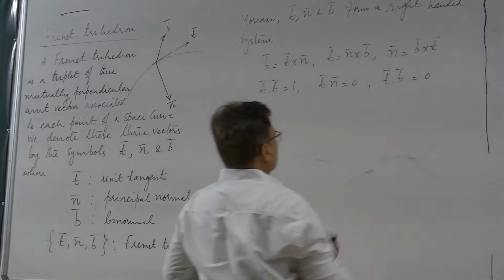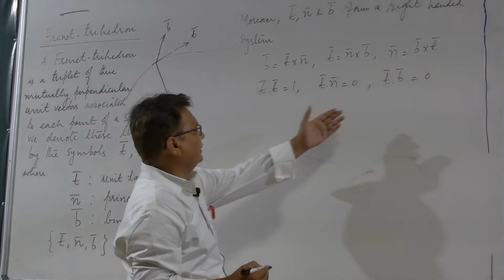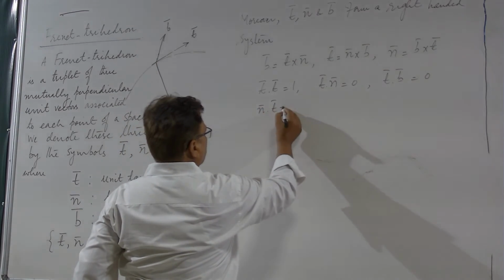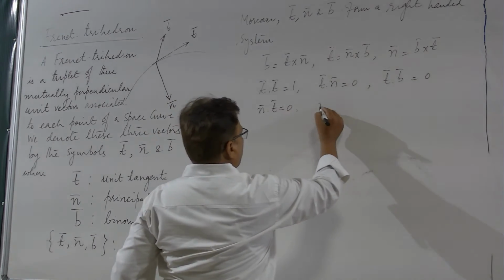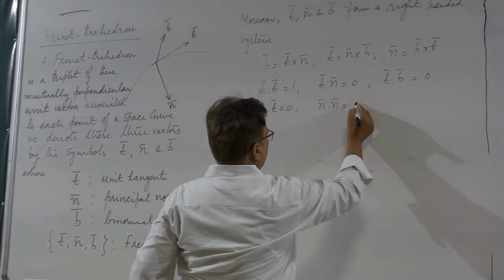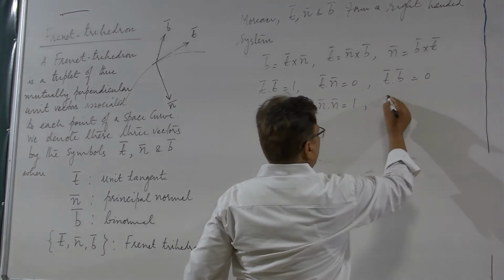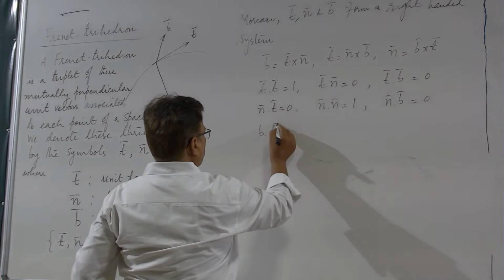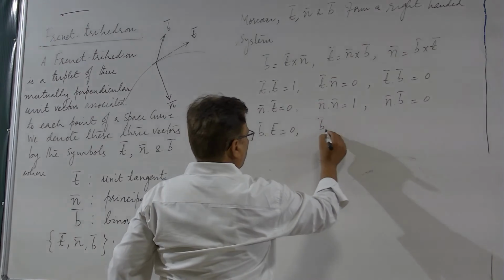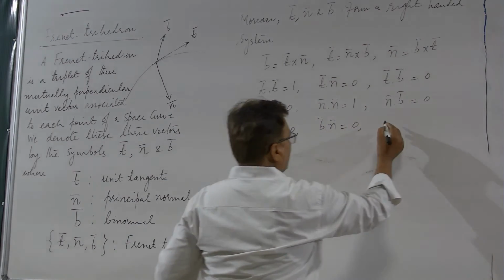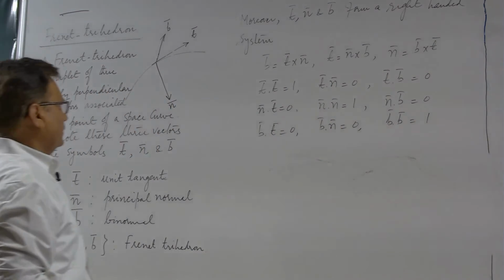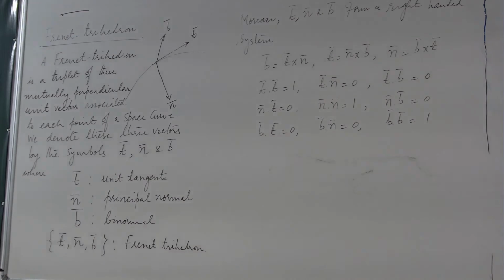Similarly, you can write down all the relations of N. So, N dot T is 0, N is a unit vector, so its dot product with itself will be 1, N dot B is 0, B dot T is 0, B dot N is 0, and B dot B is 1 because B is also a unit vector. So, these are some relations which naturally hold for the vectors of the Frenet trihedron.